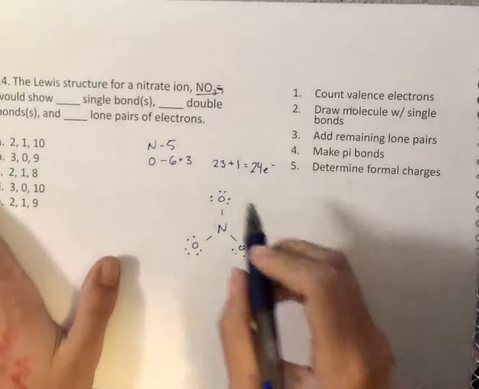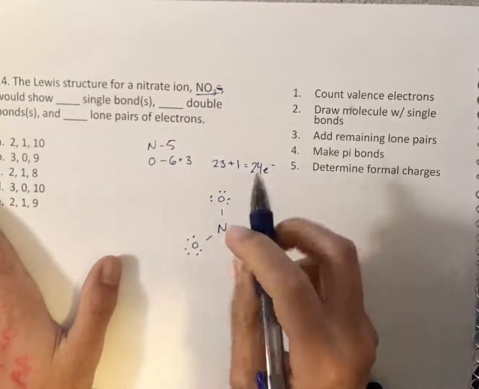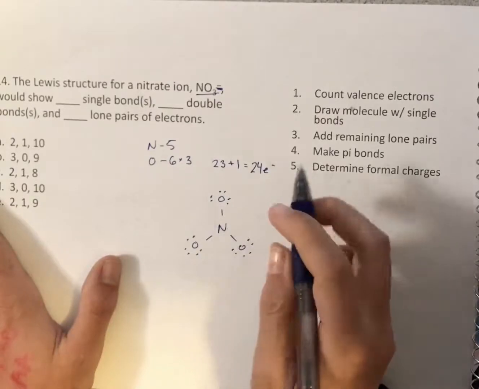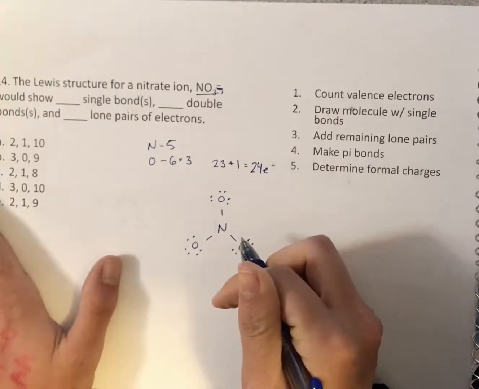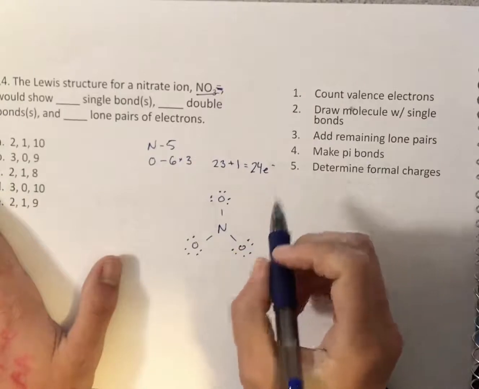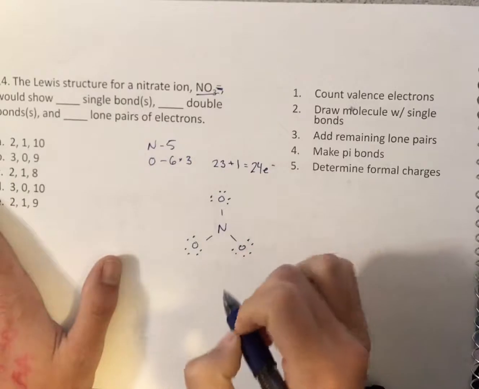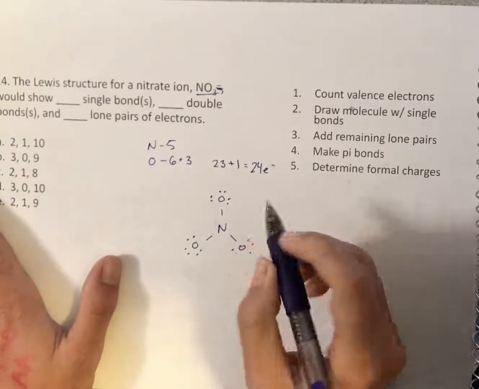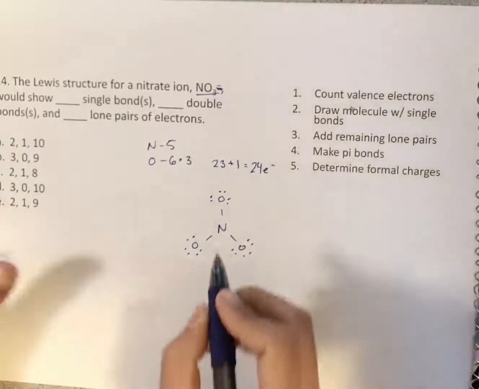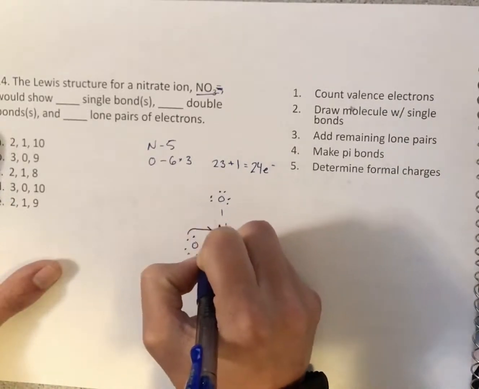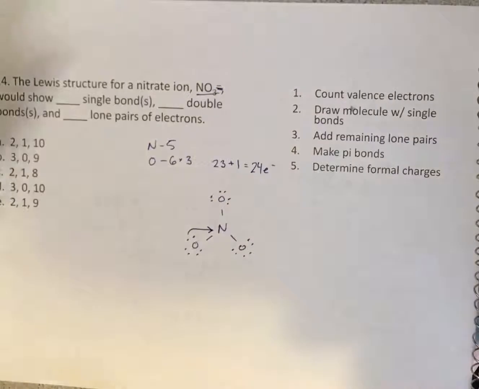So this nitrogen, we can see only has 6. So we want at least one of these oxygens to be sharing with the nitrogen. So what we'll do is we'll say that this guy is sharing here.